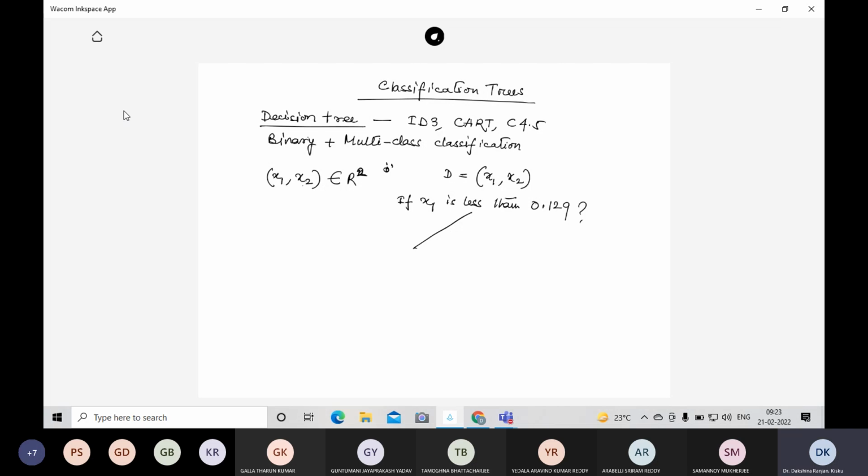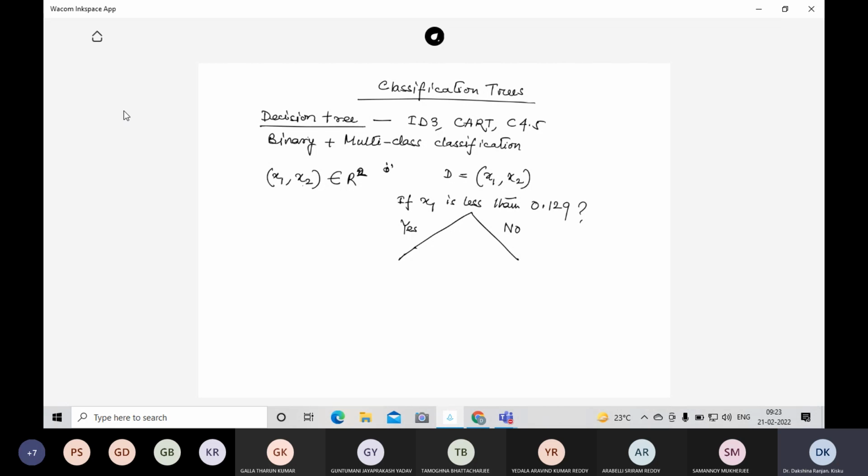So we are asking the question if x1 is less than 0.129 or not. Okay, so if the answer is found to be yes, then we can have a certain output. Okay, and if the answer is found to be no, then we can have another output.